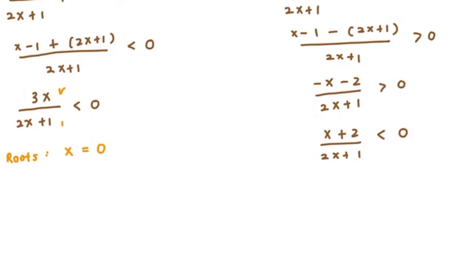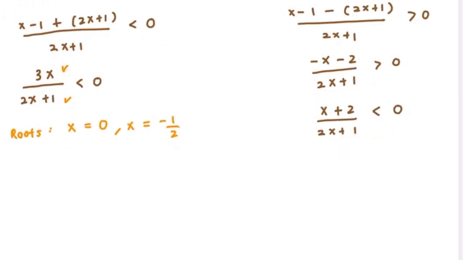For the denominator part, 2x plus 1, when does this denominator become 0? When x is equal to negative 1 over 2. So you have to know the roots first in order to construct the sign table. Okay, so draw the sign table. Display the roots that you have, which are 0 and also negative half. So arrange in order. Negative half first, then 0.